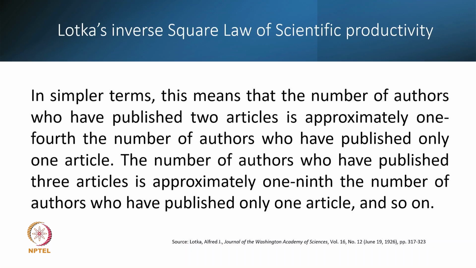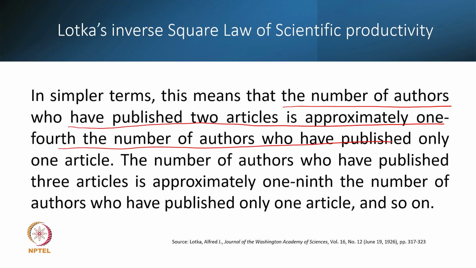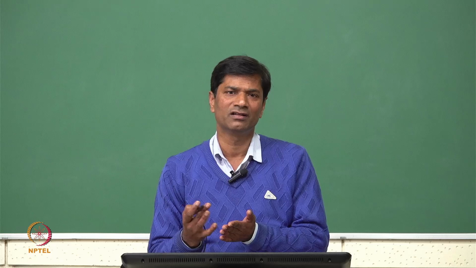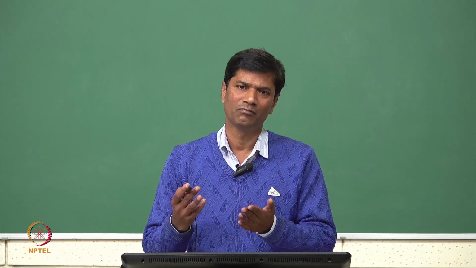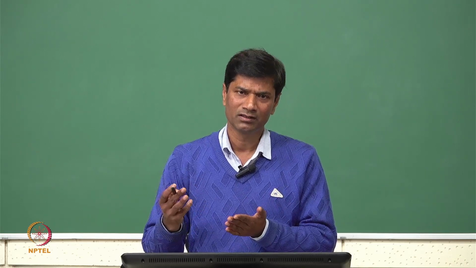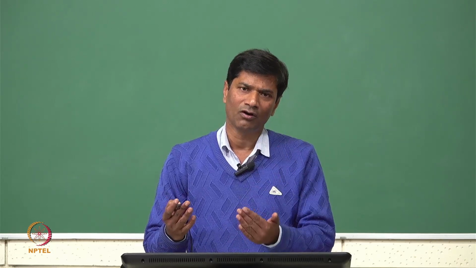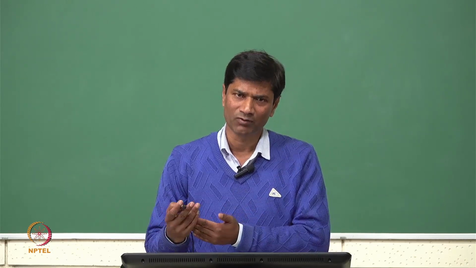In simpler terms, we can say that the number of authors who have published two articles is approximately 1/4 of the number of authors who published one article. The number of authors who published three articles would be 1 by 3 square, that is 1/9 of the authors who have published one article.